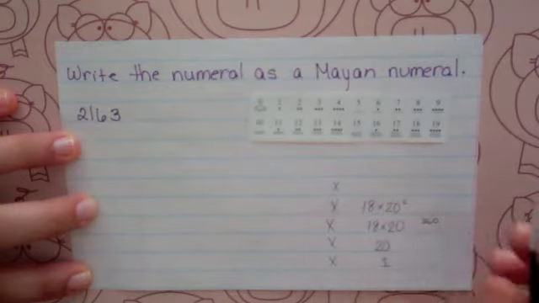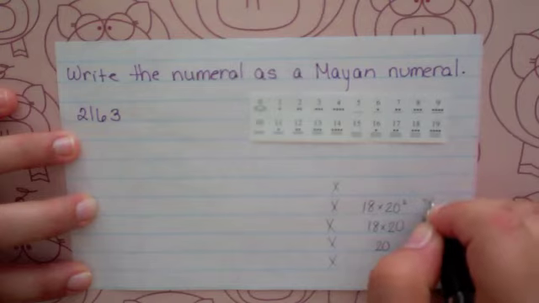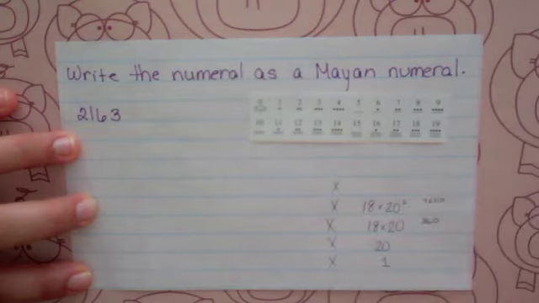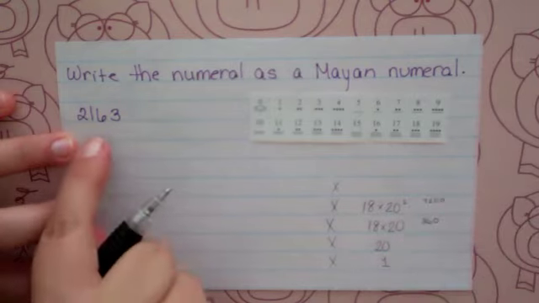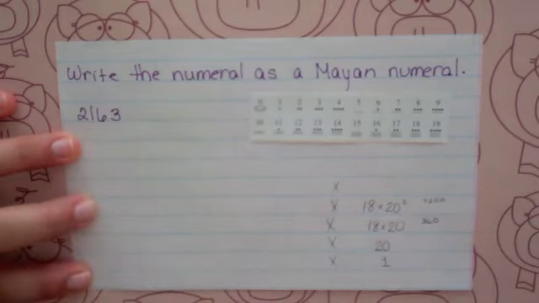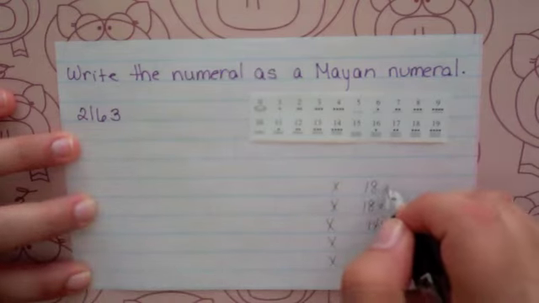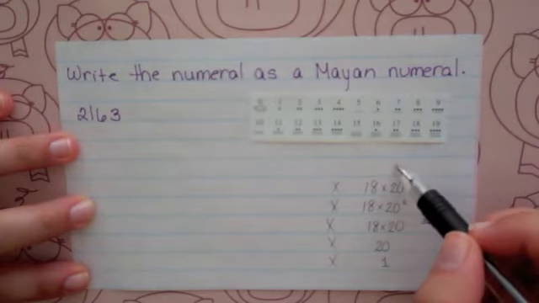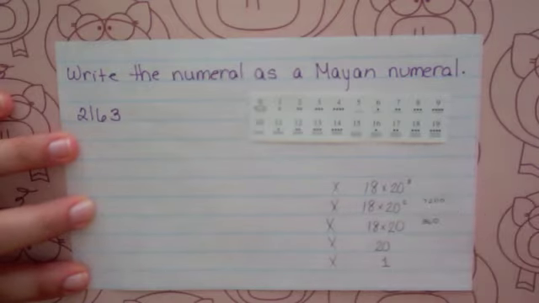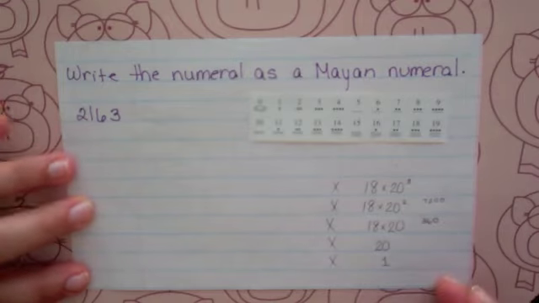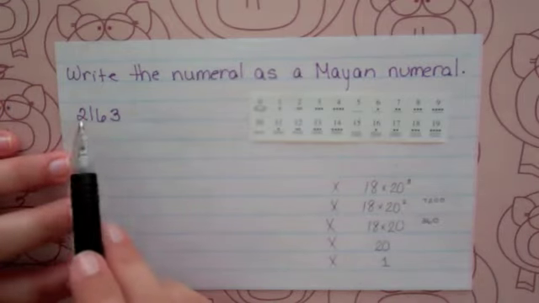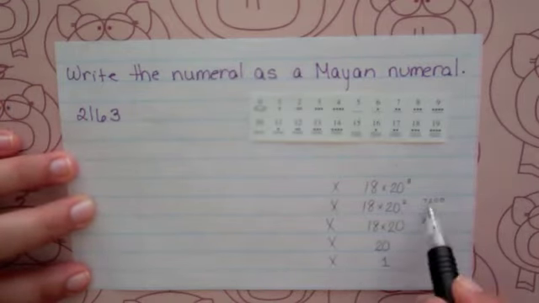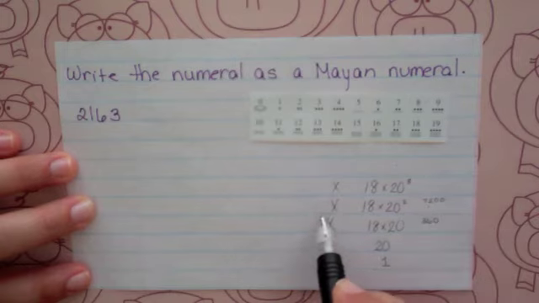Okay, and 18 times 20 squared is 7,200, which, by the way, is already bigger than what I need here. The next places would be 18 times 20 cubed, 18 times 20 to the 4th, 18 times 20 to the 5th. But at this point, I'm done because I noticed that 2163 is less than 7,200.